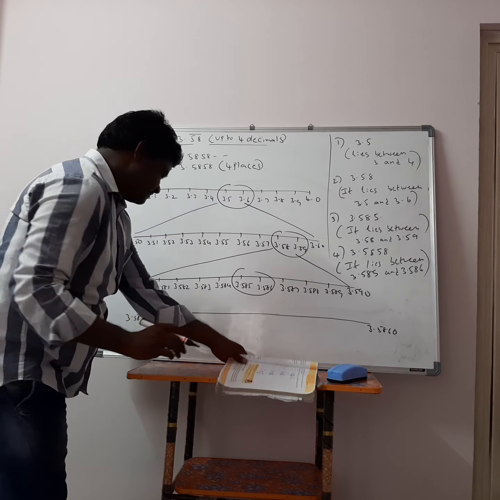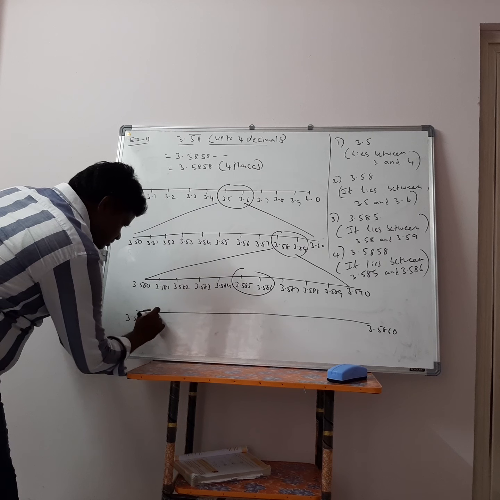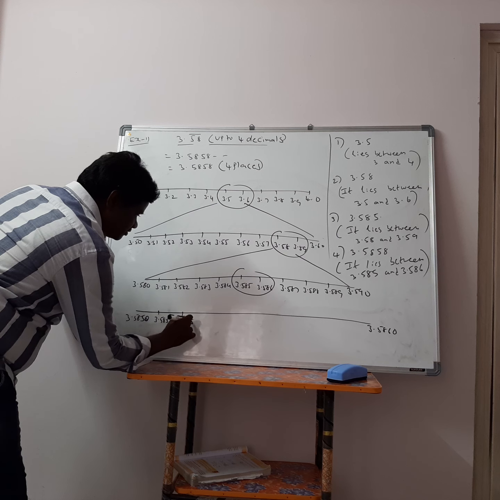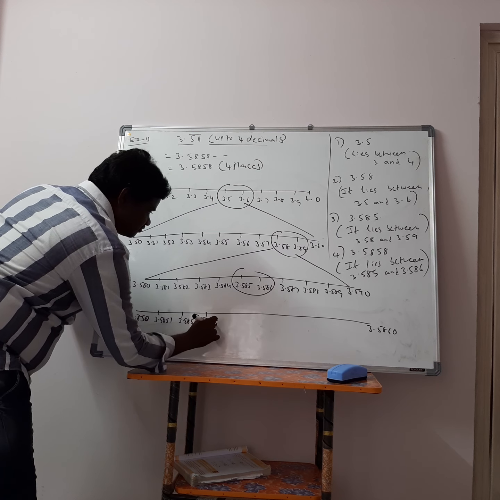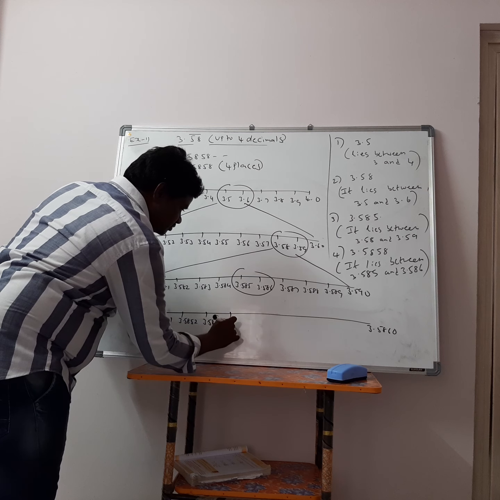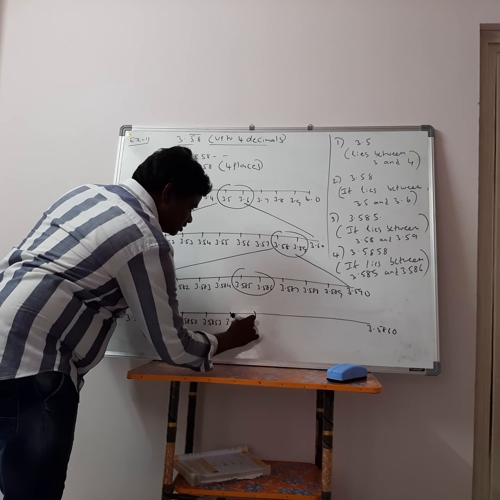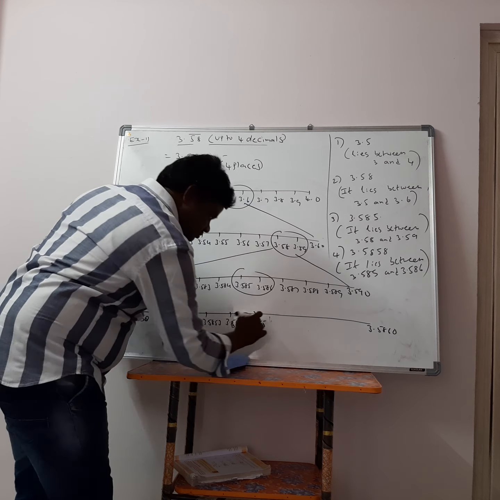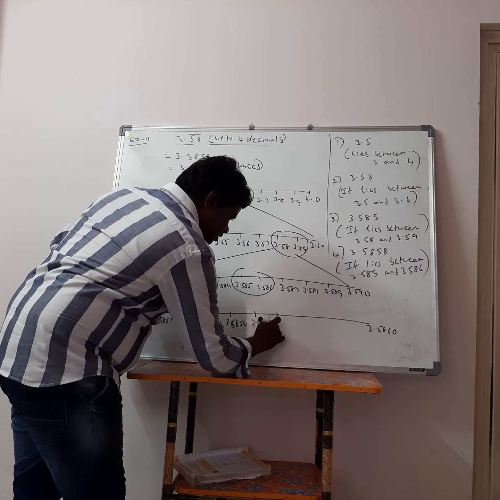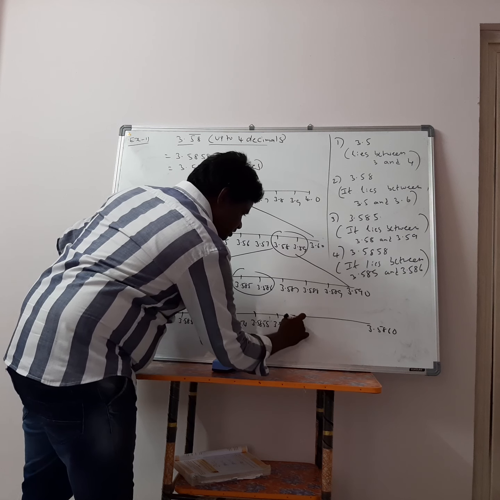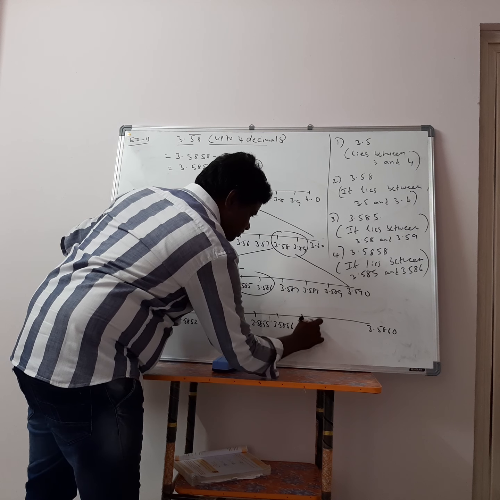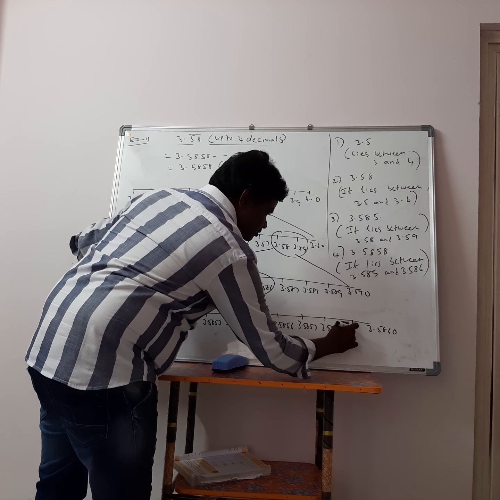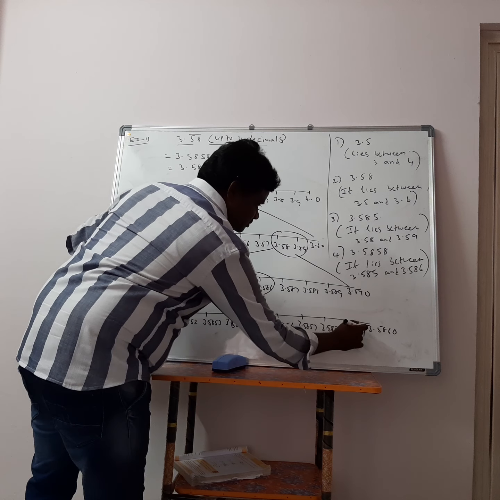That means at last you get 3.5851, 3.5852, 3.5853, 3.5854, 3.5855, 3.5856, 3.5857, 3.5858, 3.5859.